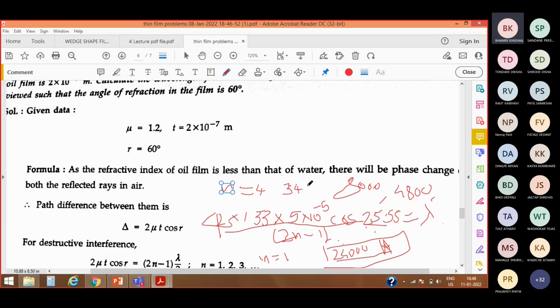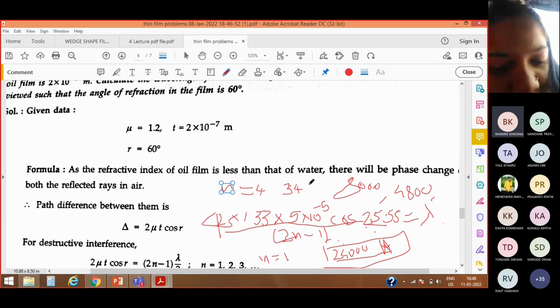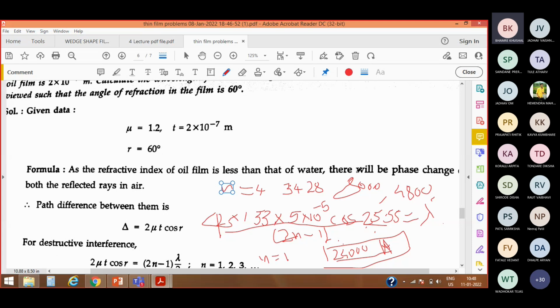Which of your 3,400? Some background noise is coming. 3,428 angstrom. Okay, this example is completed.